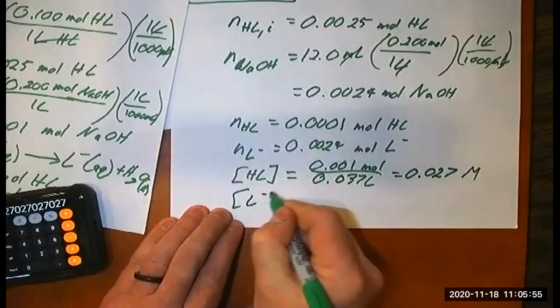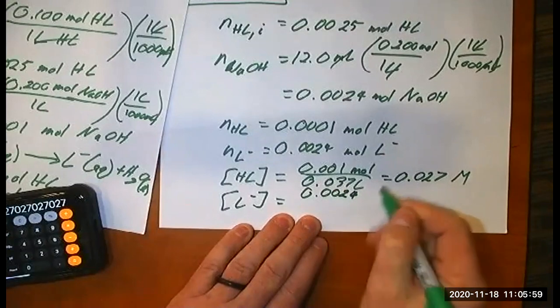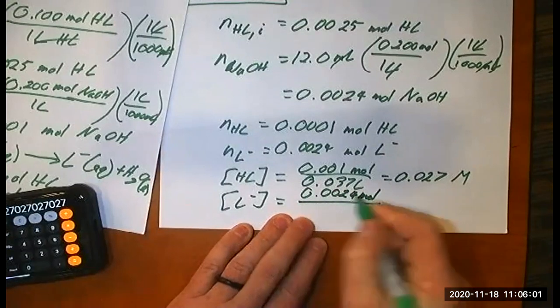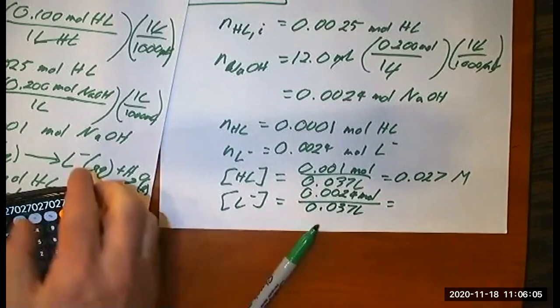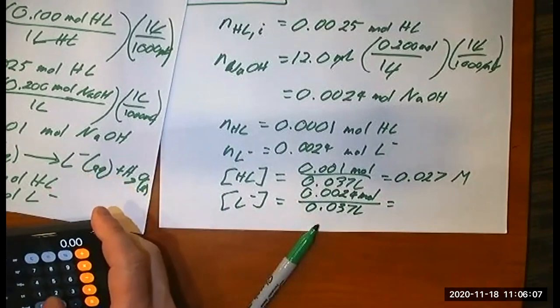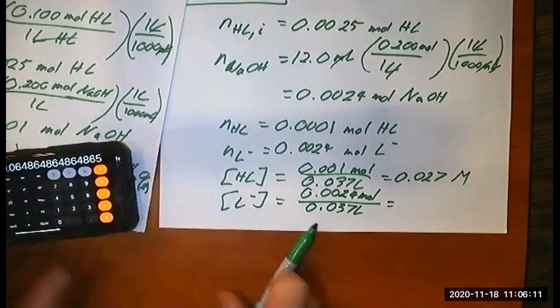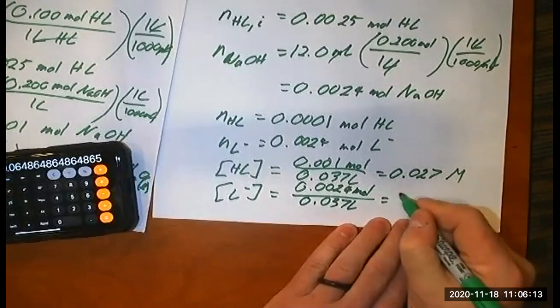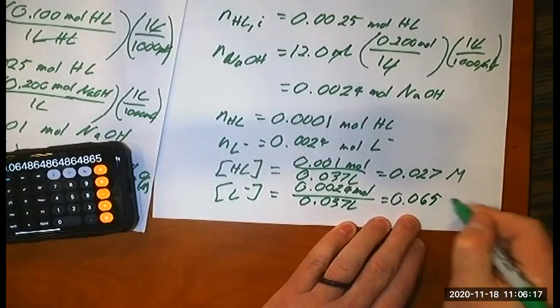Our concentration of L minus is 0.0024 moles over 0.037 liters. So 0.0024 divided by 0.037 gives us 0.065 molar.